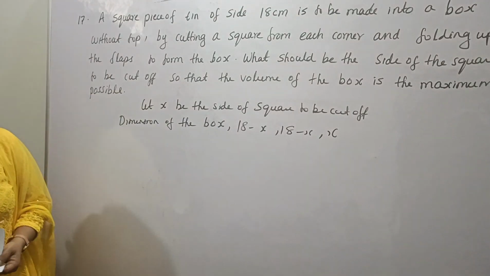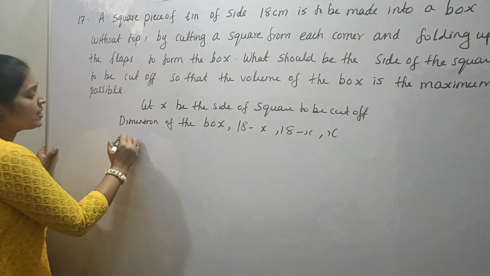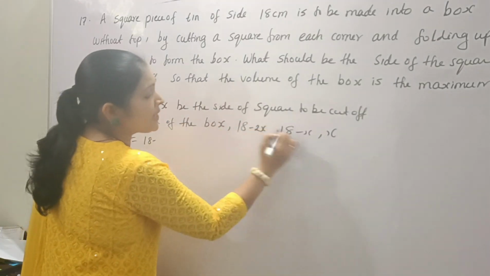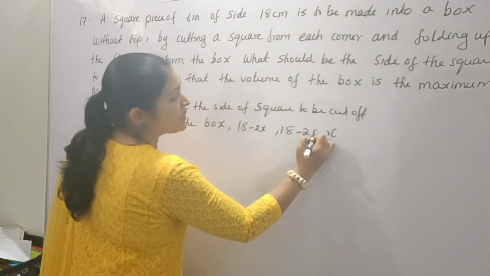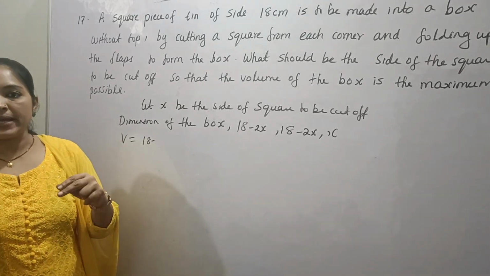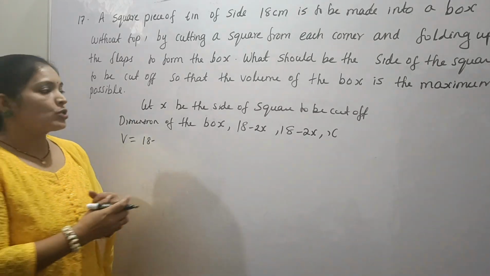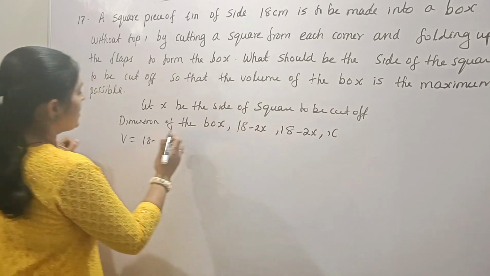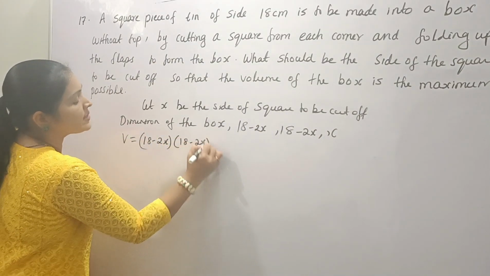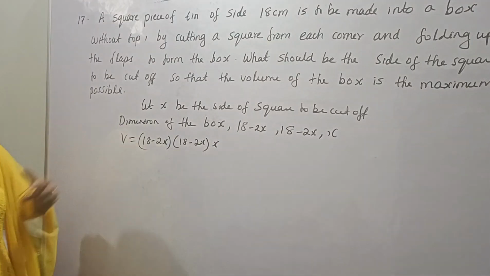So what is the volume of this box? That is their product, right? So volume is equal to 18 minus, not x, sorry, 2x, because we are cutting off the squares from each side, so x plus x, 2x. So 18 minus 2x into 18 minus 2x into x. So it is the volume.